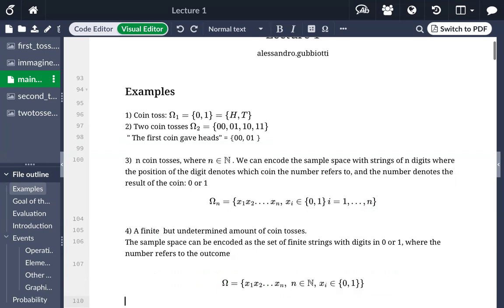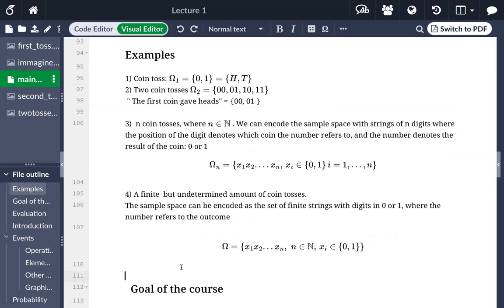It can be either 0 or 1. So in particular, omega can be written in this way.